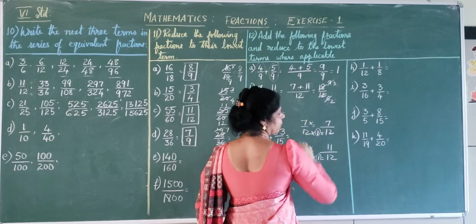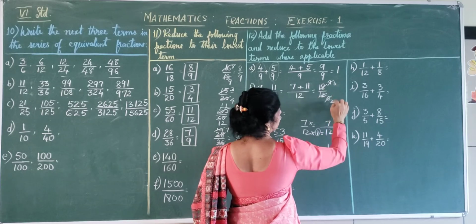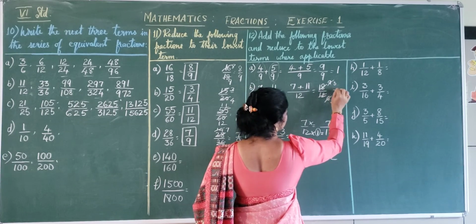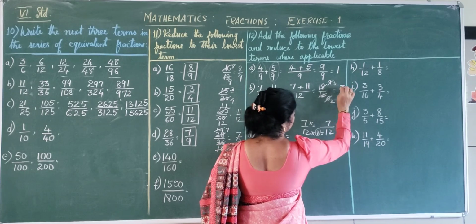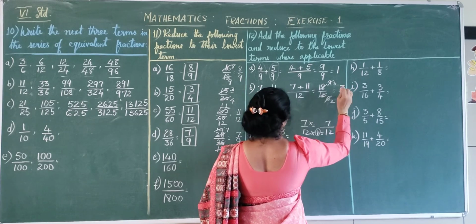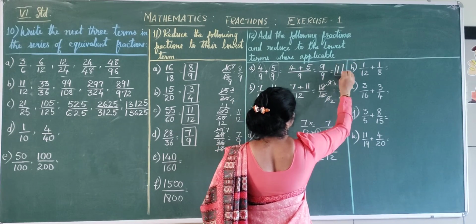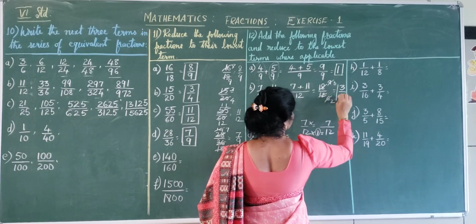Further you cannot simplify, because 3 is also a prime number, 2 is also a prime number. So the answer here will be 3 by 2. This is the answer.